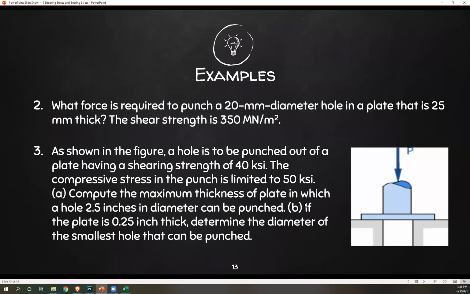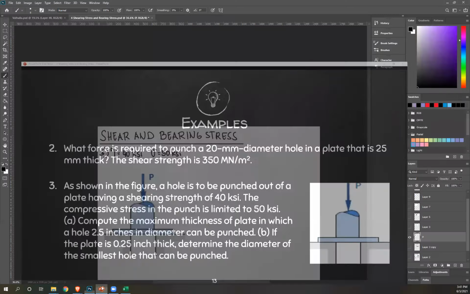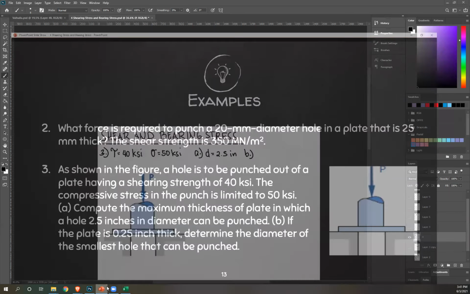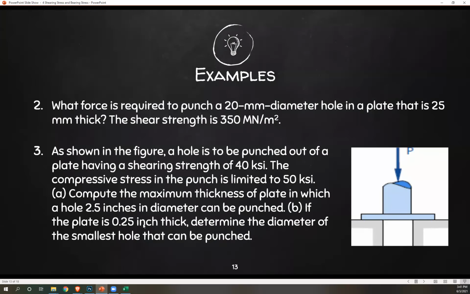For part A, we need the maximum thickness to punch a hole of 2.5 inches in diameter. So for letter A, diameter of hole is 2.5 inches. And for letter B, if the plate is 0.25 inch thick, you want to look for the diameter. So thickness is 0.25.